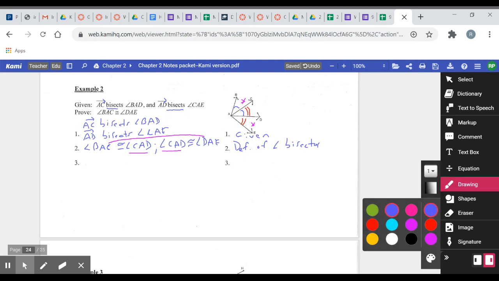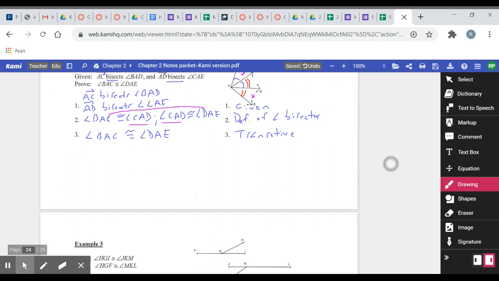So I can go ahead and say that angle BAC is congruent to angle DAE by transitive. So that was a nice short proof. Again, you're keeping in mind the whole time what you're trying to prove and we were just able to get there much more quickly this time.